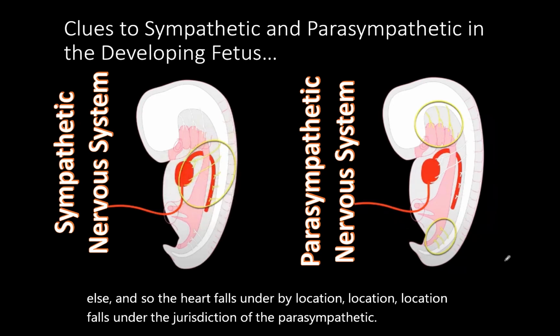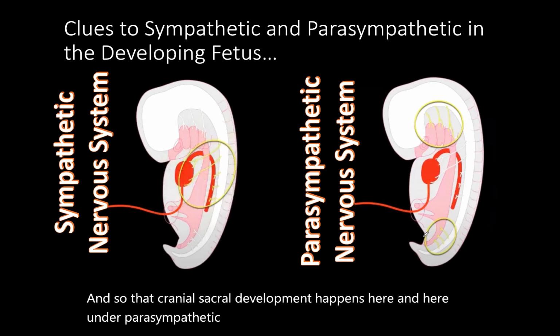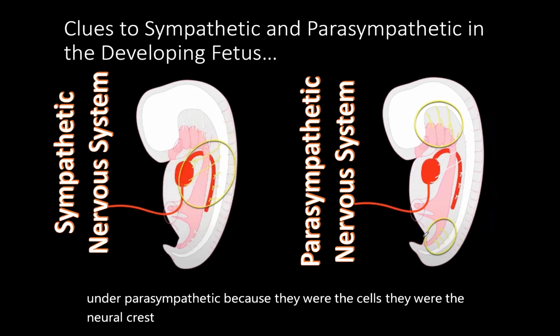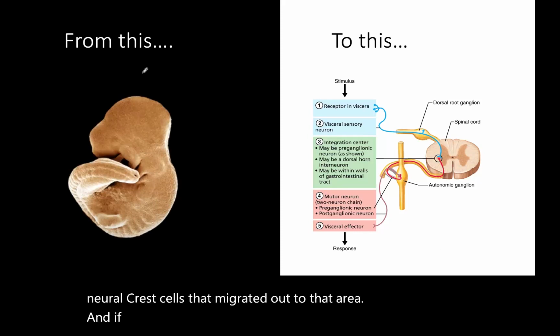And so that cranial sacral development happens here and here under parasympathetic because they were the neural crest cells that migrated out to that area. And if we kind of relate going from here to here, which is what you saw, right?